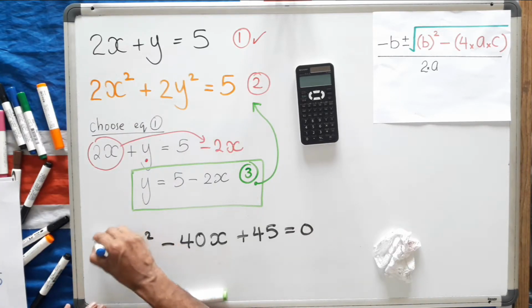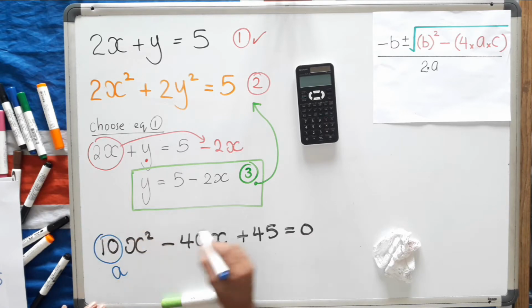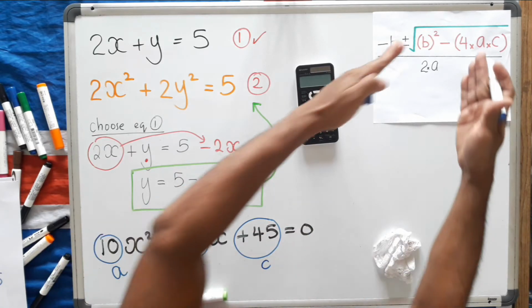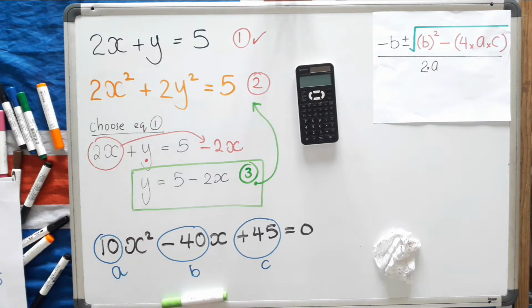In a quadratic, the number touching x squared is a, the number touching x is b, and everyone else is c, the number without an x. So all we have to do is throw this into the formula. Now remember, I told you I would not be showing you how to use the formula, as I already made a full video on it.